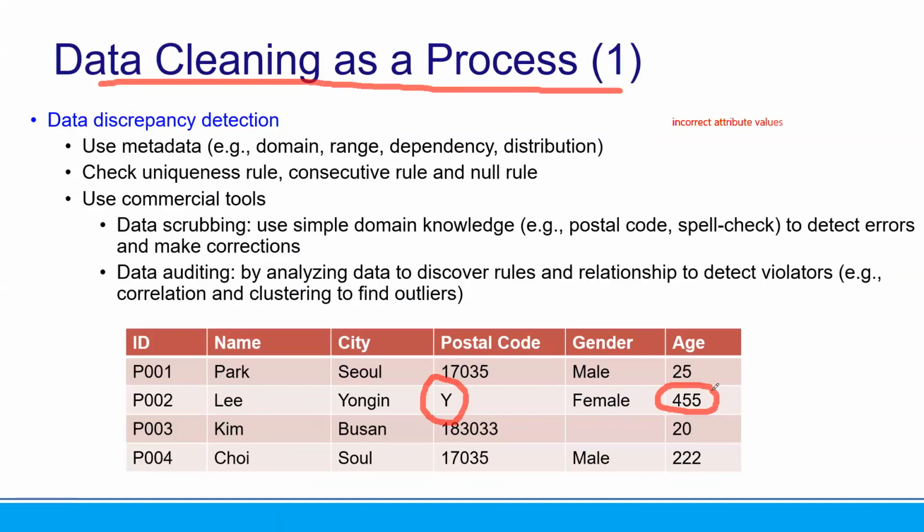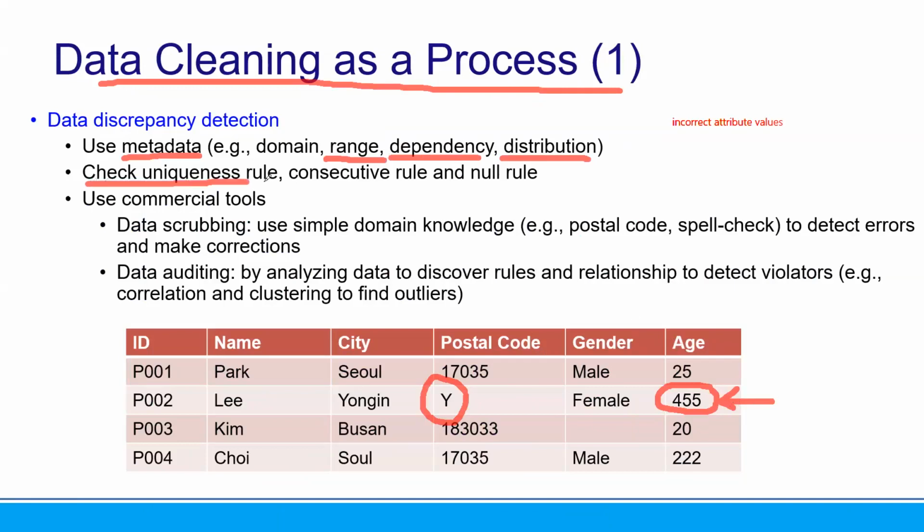So we call this there is no dependency. Okay. So the dependency is very important when we have the metadata. The data distribution. Okay. So this distribution is out of the normal data. Or we can say there is a range. So it is out of the range.